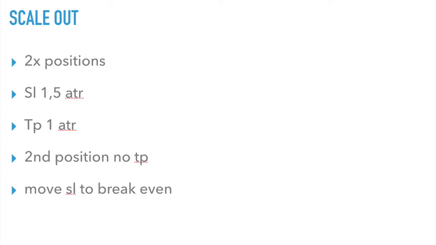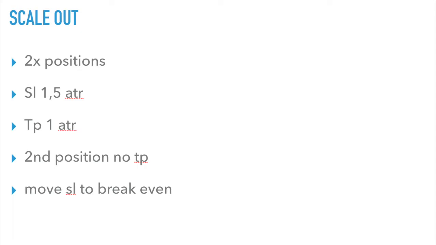Then there's something called scale-out. So we always put two positions, and they both have the stop loss of 1.5 times the ATR value, the average true range value. I will show how we calculate it in a later part.